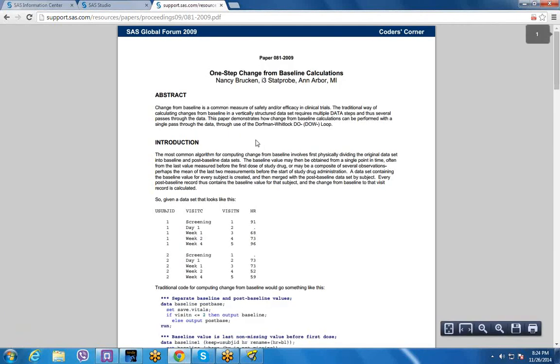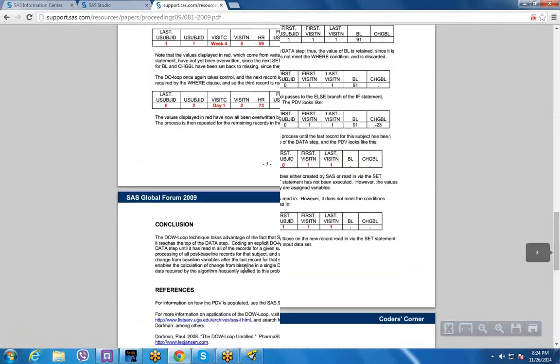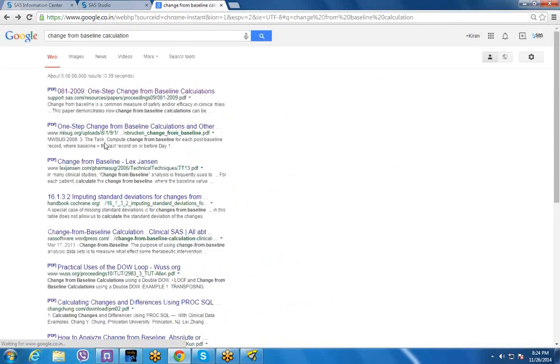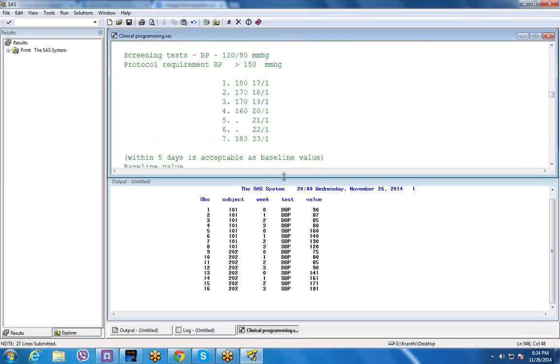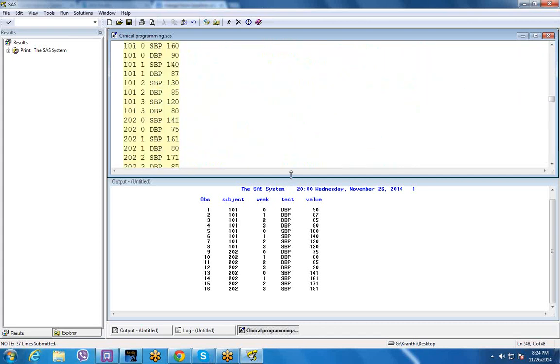You download this one, then it will help you to understand the change from baseline. It's a common one in the clinical field, so it will help you to understand better than what I explained. You can find more papers like this on that particular topic. Not only am I explaining all these steps, for each topic you can find a paper there. Okay, you just go through them.